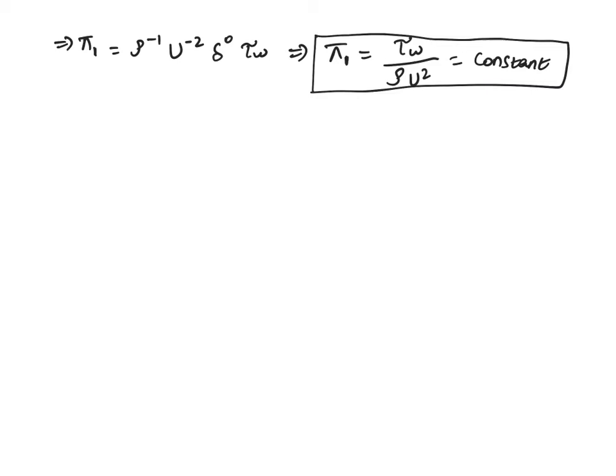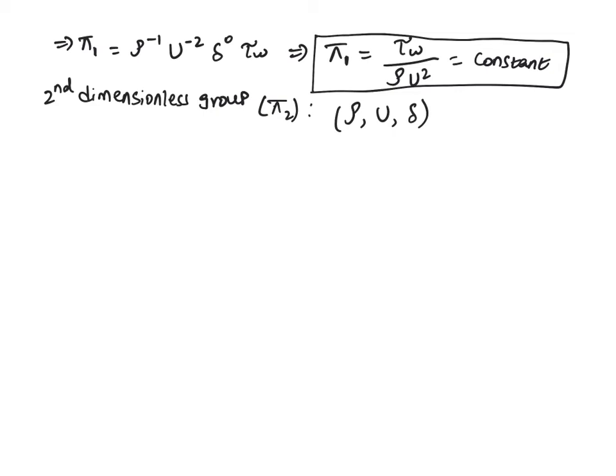Second dimensionless group is pi 2, that would have rho, u, delta. One thing that we have to remember is rho, u, delta have to be the repeating variables as per the problem statement. So these do not change.